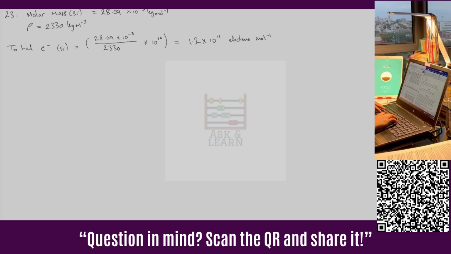Okay, now let's look at the number of added electrons. So we know that for every 1.5 to the 6 silicon atoms, the semiconductor has been doped with one phosphorus atom.